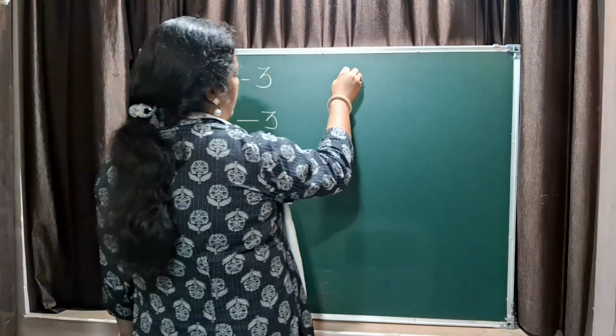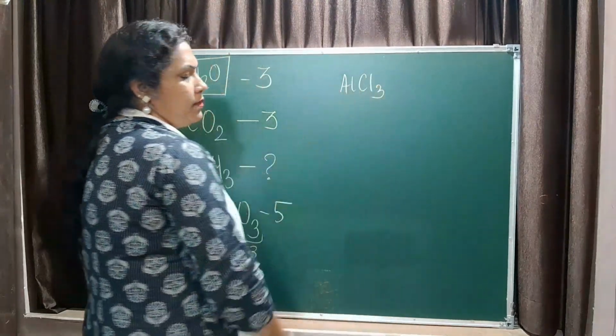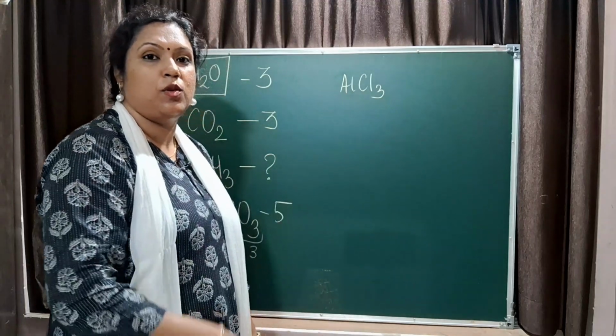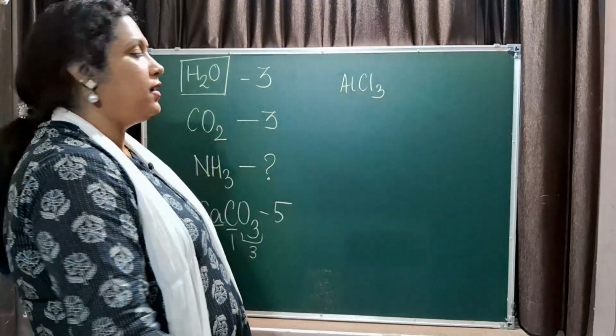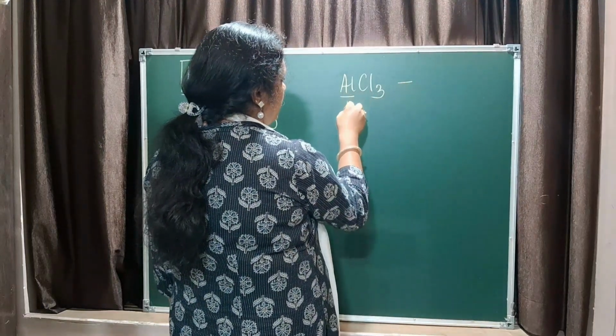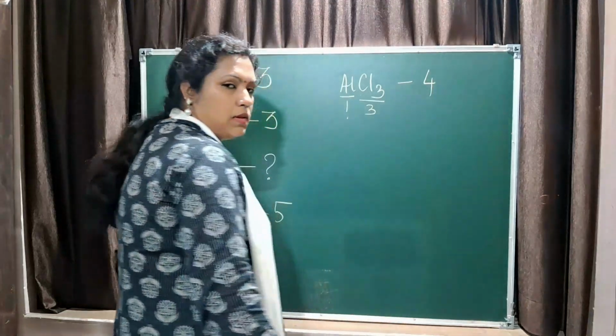Then you have, say, aluminum chloride. Why I am writing this, we will come to know when we understand valencies. So aluminum chloride, 1 of aluminum and 3 of chlorine, so total 4.